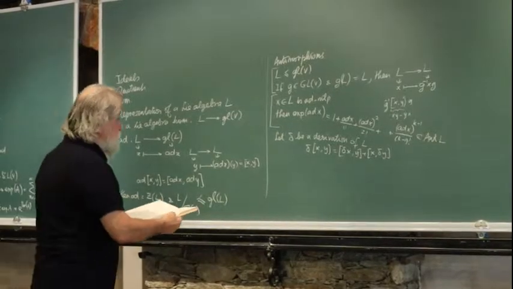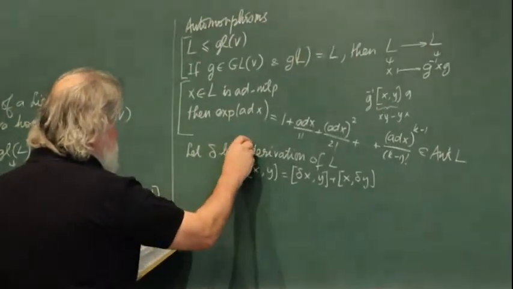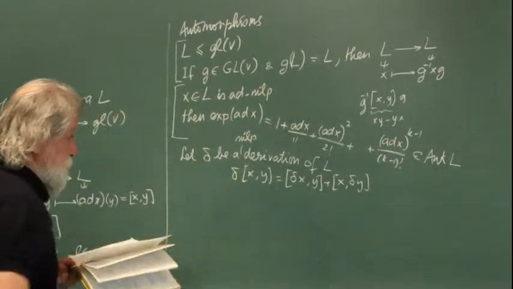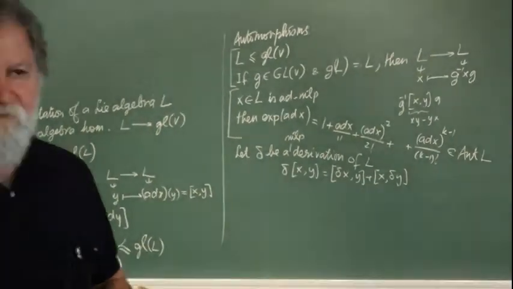Suppose it's nilpotent. It means that if you compose it enough times, finitely many times, you get 0.